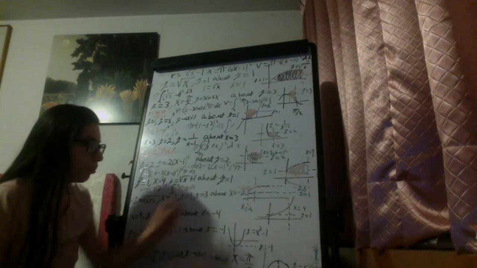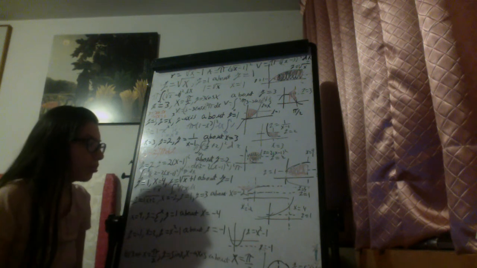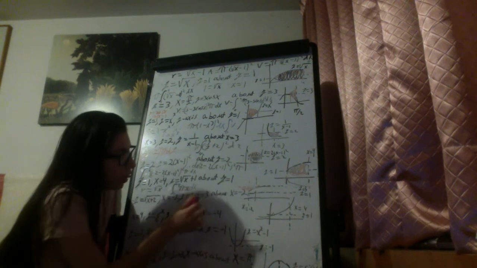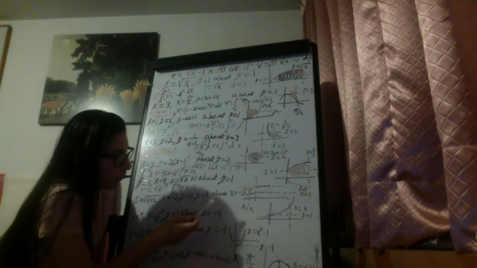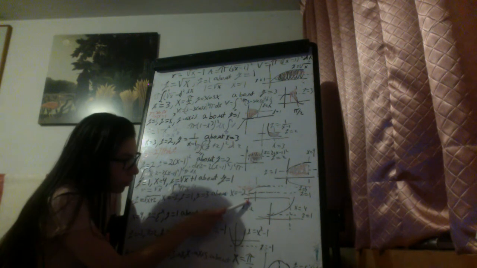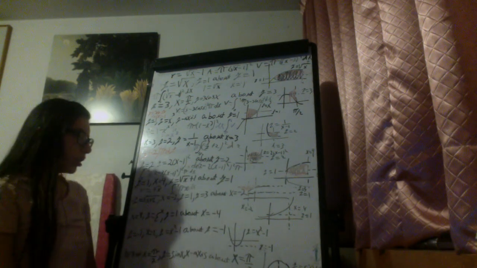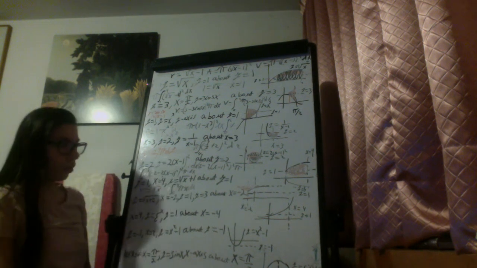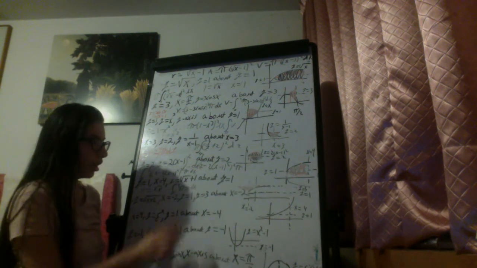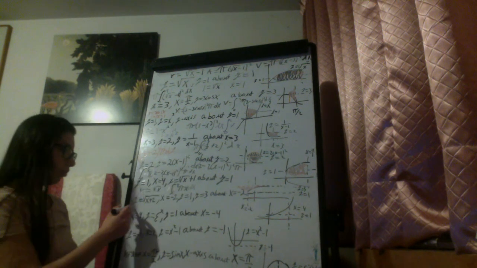The volume will be delta y times pi r squared. Now, what is r? The radius is the distance from x equals minus 2 to the graph. What's the value of x in the graph y equals square root of x plus 2? Well, let me solve for x.